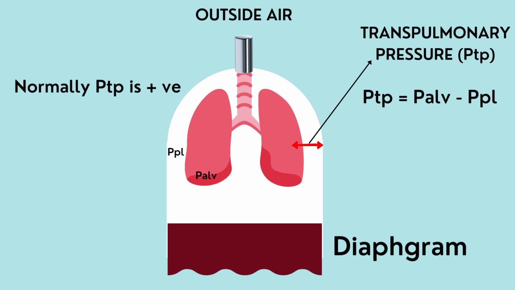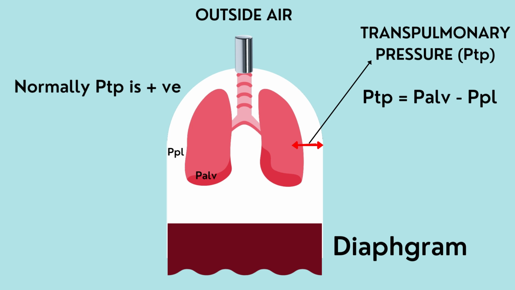Also note that though the values of the alveolar pressure and the pleural pressure may fluctuate between negative or positive, the end difference, that is the transpulmonary pressure, should always be positive, because the greater the difference between the alveolar pressure and the pleural pressure, the more is the transpulmonary pressure, the more is the distending pressure.